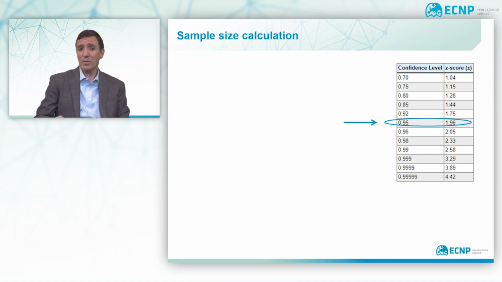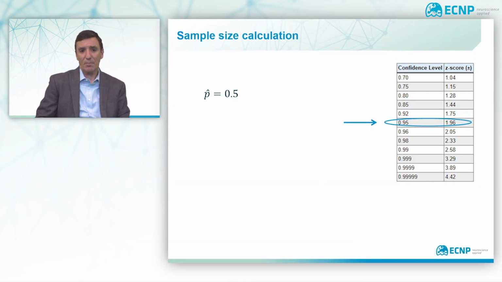Alternatively, we can use smaller alpha such as 1%. Next, we will hypothesize that half of the population that is treated with methylphenidate do not respond to it. This is the default for the population's proportion estimate. If we have valid proportion coming from the literature or any other survey or preliminary result, we can obviously use it instead.